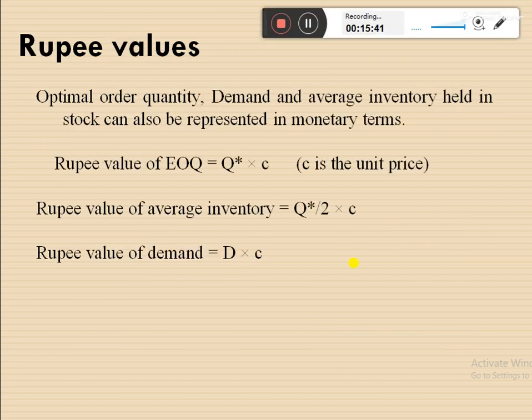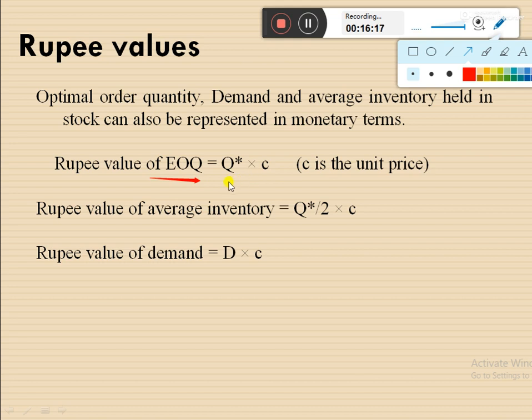There is a special case of the classical economic order quantity model: in some situations the demand is given in terms of rupees, or optimal order quantity and average inventory held are given in terms of rupees. In that case, the economic order quantity in terms of rupees can be represented as Q into C, where C is the unit price.